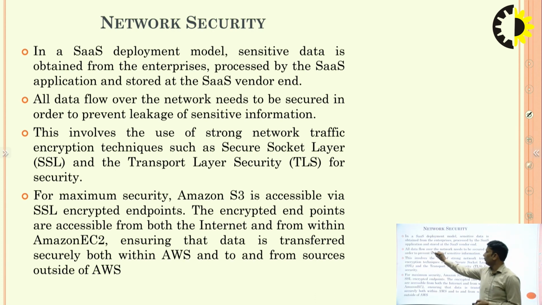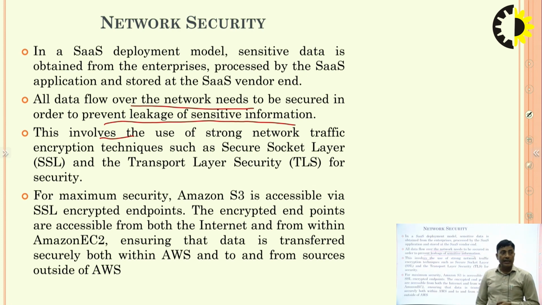All data flow over the network needs to be secured in order to prevent leakage of sensitive information. This involves the use of strong network traffic encryption techniques such as Secure Socket Layer, SSL. At the transport layer, there is TLS, Transport Layer Security, for the security. Okay. For maximum security, Amazon S3 is accessible via an SSL encrypted endpoint. Okay. So there should be a proper encryption mechanism.